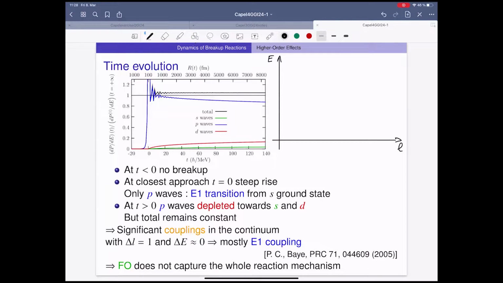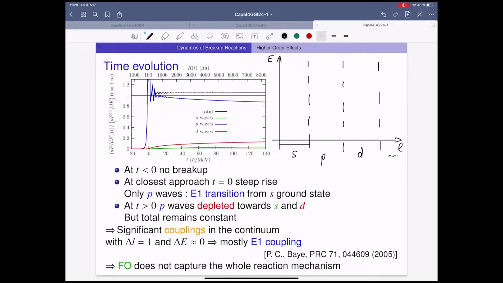I will divide it into different partial waves. I have the S wave, the P wave, and then the D wave here, and other waves, of course. And I start from the loosely bound state here. You have the loosely bound state in the S wave.